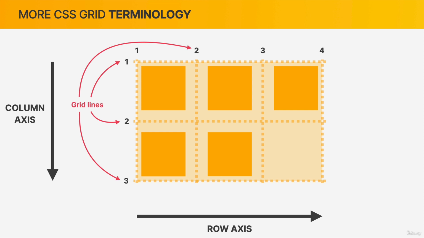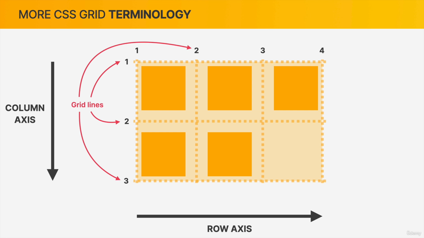And these numbers are actually important because we can use them to place a grid item exactly in one place in the grid where we want it to be. Now, the intersection of all these grid lines, so both the grid lines for the columns and the rows, then creates all these areas into which we can place our grid items.